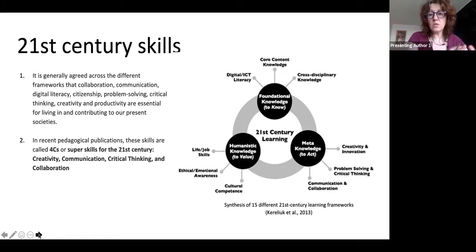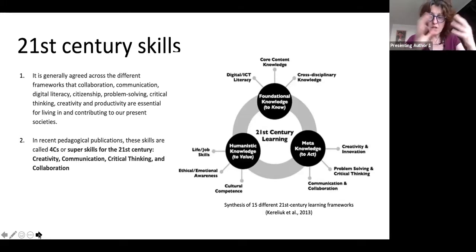Then the humanistic knowledge part, to value, where we teach them how to value something, covers life job skills, ethical and emotional awareness, and cultural competence. And finally, meta-knowledge, to act: based on everything we acquired in to know and how we value, we should act through creativity and innovation, problem solving and critical thinking, and communication and collaboration.